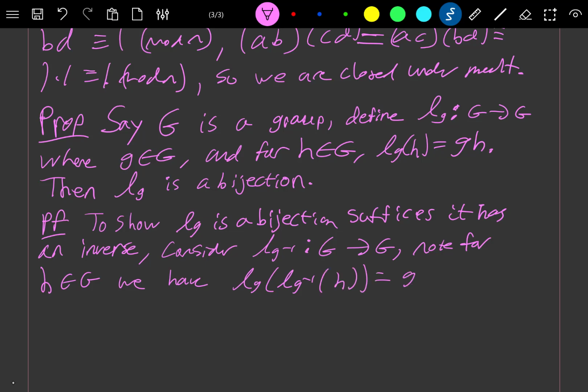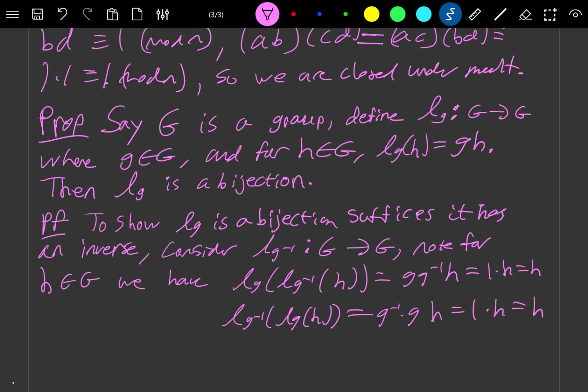Well, by definition, this is just g inverse times g times h, which is 1 times h, which is h. And similarly, L of g of L of g inverse of h is just going to be g times g inverse times h, which is just 1 times h, which is h. So L of g has an inverse, and hence is a bijection.